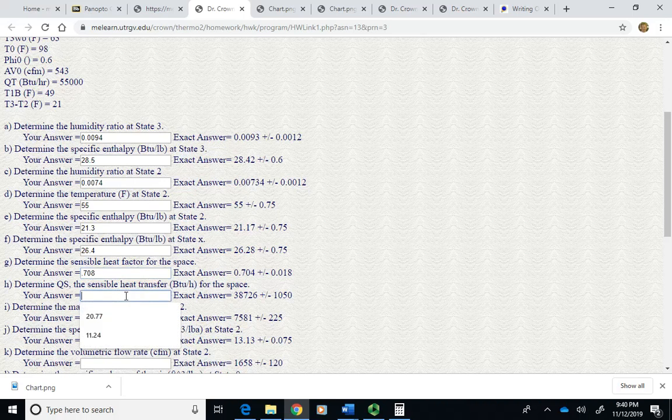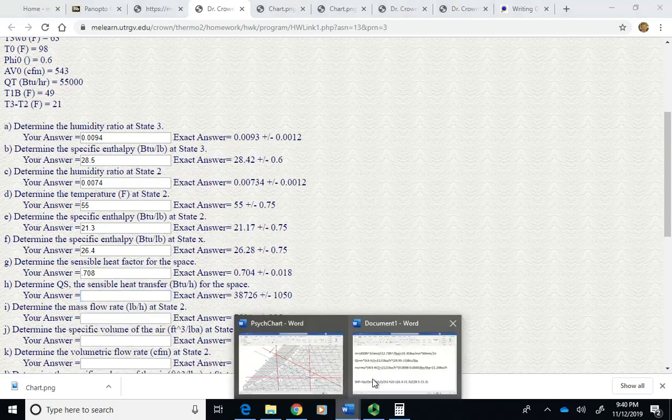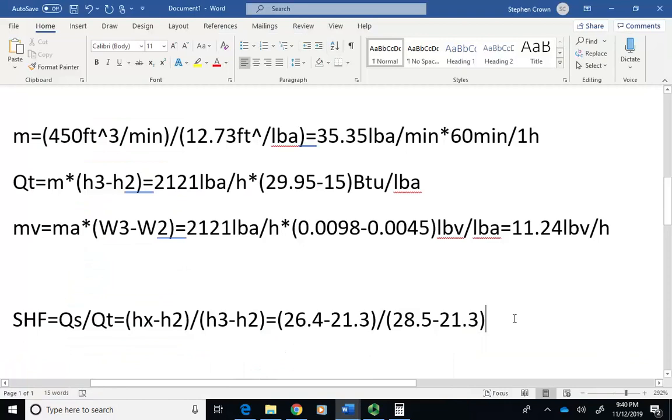Okay, and then the sensible heat transfer with the space, so that would be my mass flow rate times my delta H. So QS equals M times Hx minus H2.